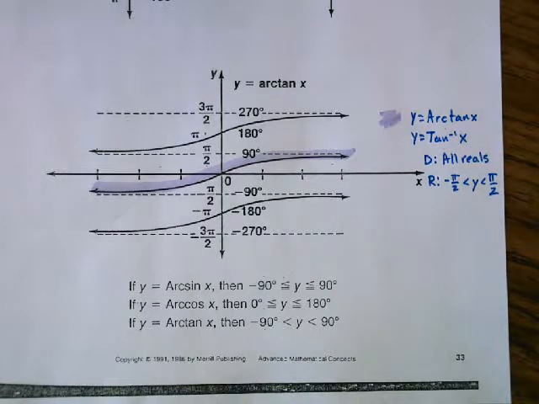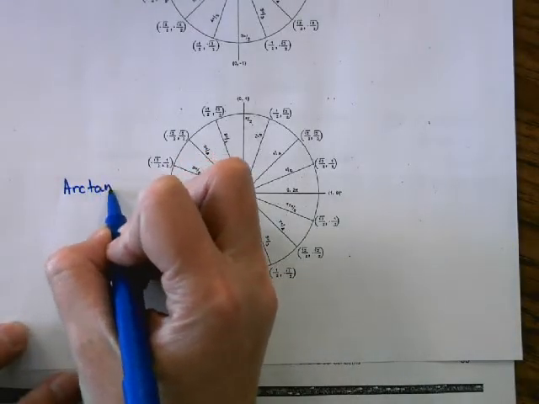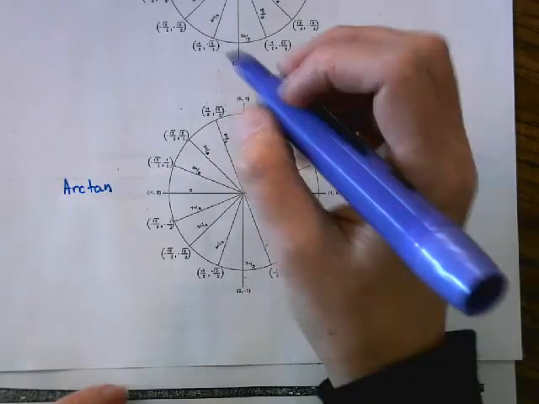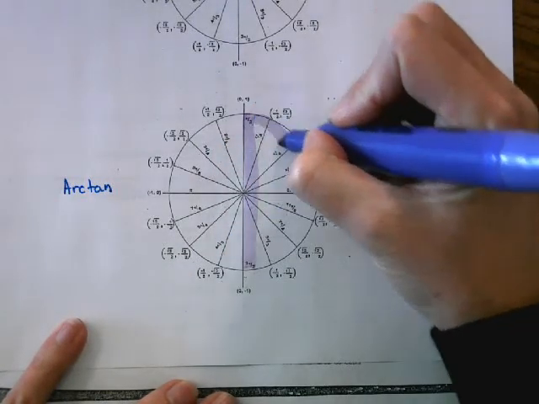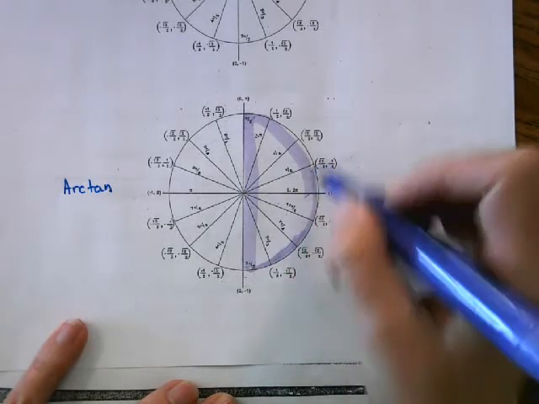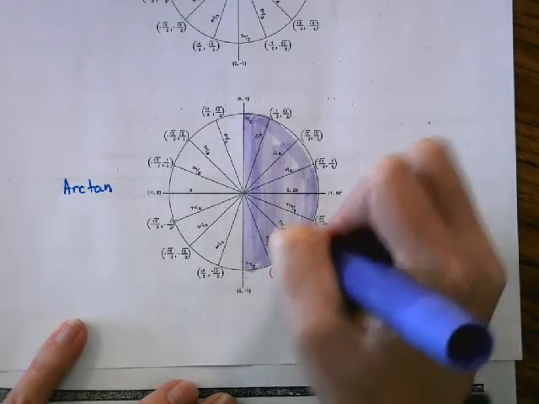Okay, so now let's look at our unit circle. We're going to make an equivalent thing here. So this one's going to match the sine range, sorry. Okay, so it's from negative pi over 2 to pi over 2. So it's this side.